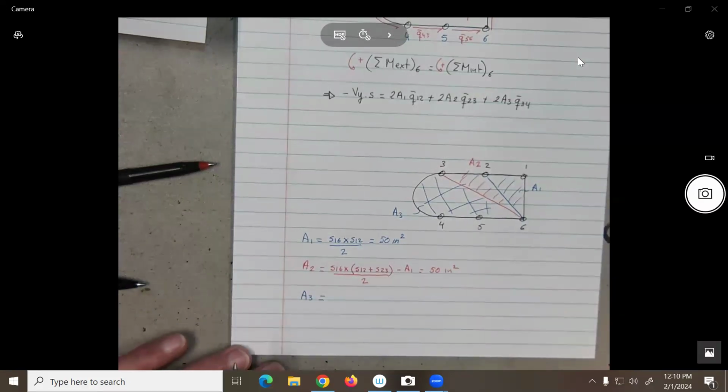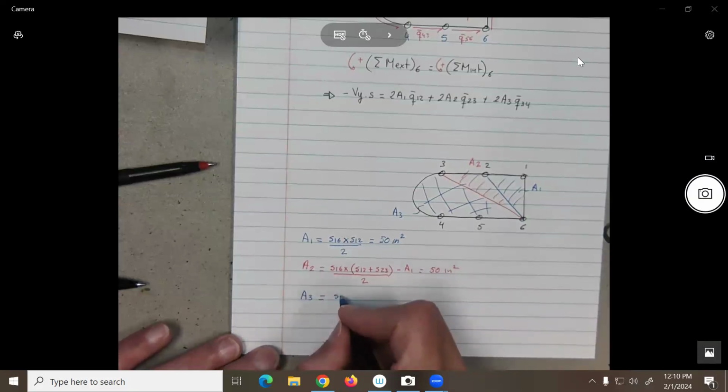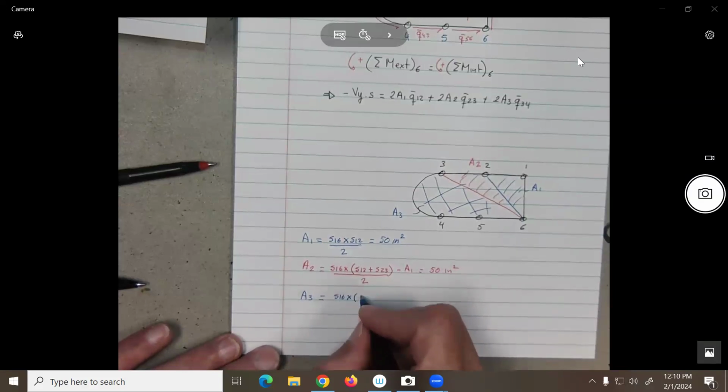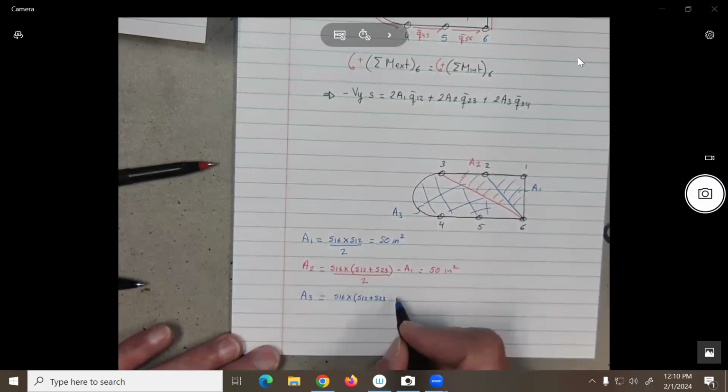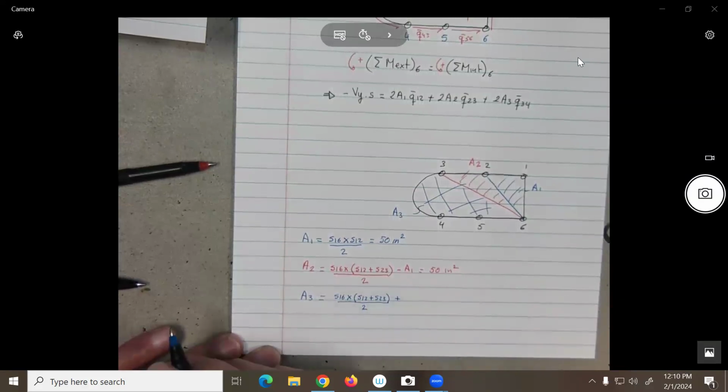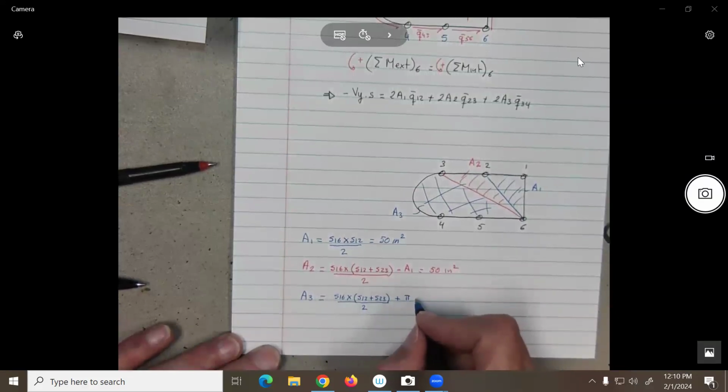And finally, what will be A3? I could do something similar. It should be what? S16 times what? S12 plus S23 divided by 2 plus what? Pi.